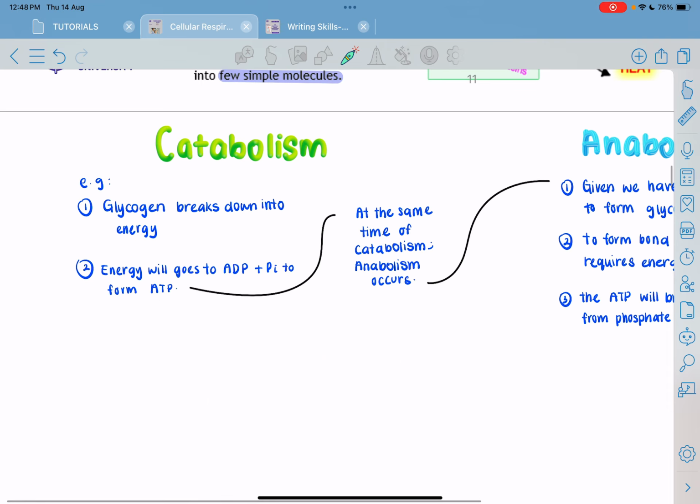Okay, so when glycogen breaks down into glucose here, guys, not energy.